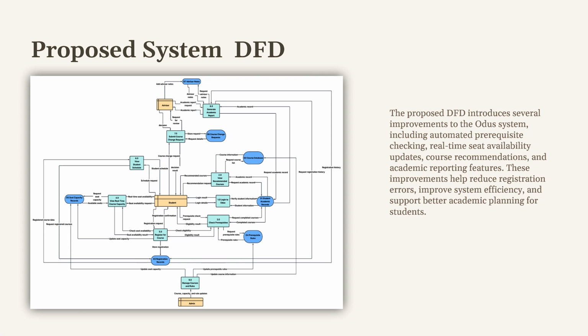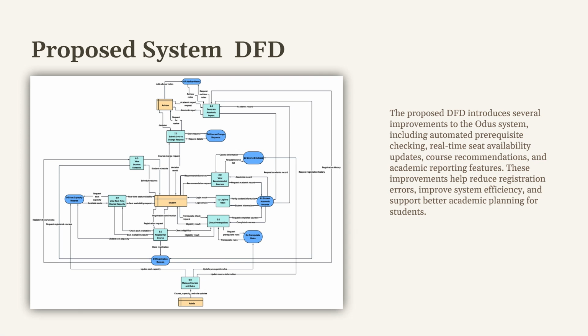The system uses more data stores such as student academic record, course database, prerequisite rules, seat capacity records, and advisor notes. The main improvement is that the system checks important information automatically before registration. This helps reduce mistakes and makes registration faster and clearer for students.